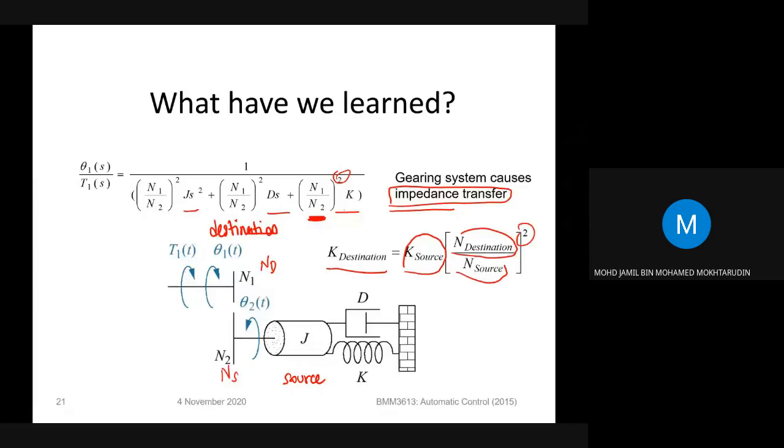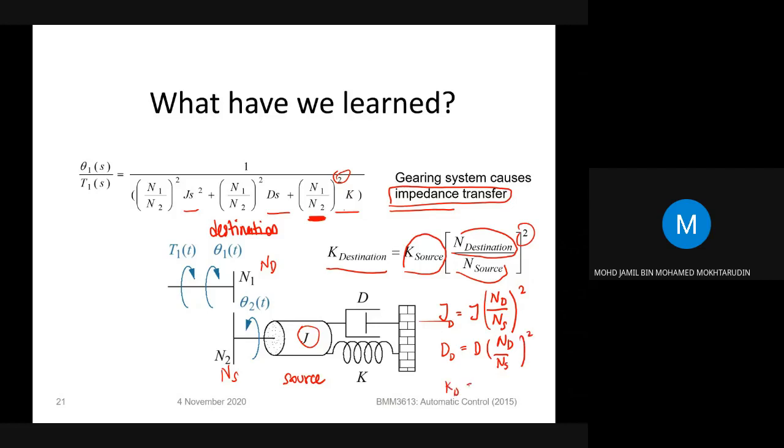So to transfer J, for example, the new J destination becomes J times N destination, which is N1, divided by N source, which is N2, squared. Same goes with D, so D times ND over NS squared.